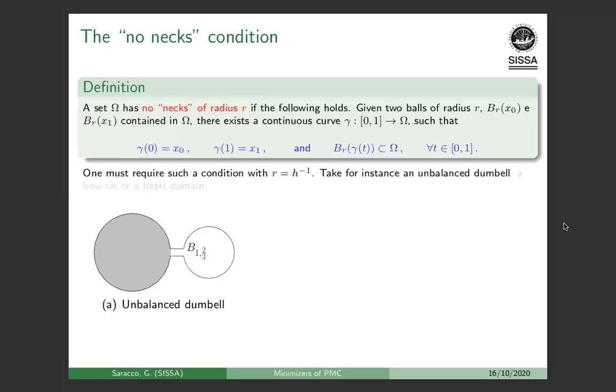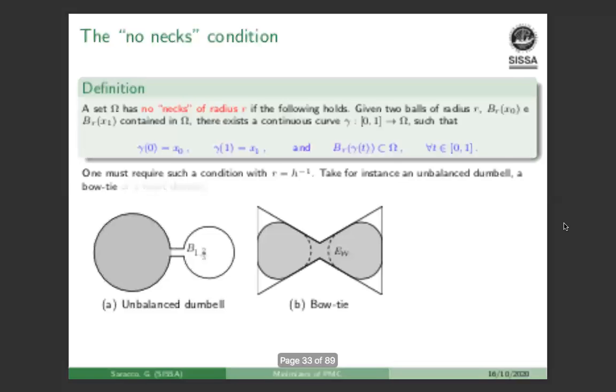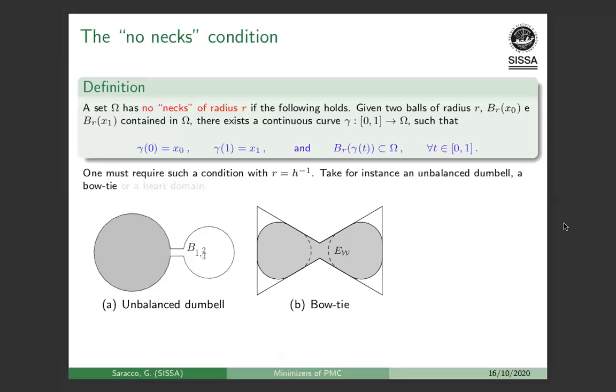It can happen as well the opposite. Take, for instance, this bow tie or butterfly domain. Essentially you take a rectangle, select the midpoints of the long sides, and start pinching them one toward the other. Now, if you pinch enough, but not too much, you can prove that there is a unique Cheeger set, which is the one depicted in the figure, but the balls of the correct radius are somehow blocked at the neck, and they don't flow through the neck.